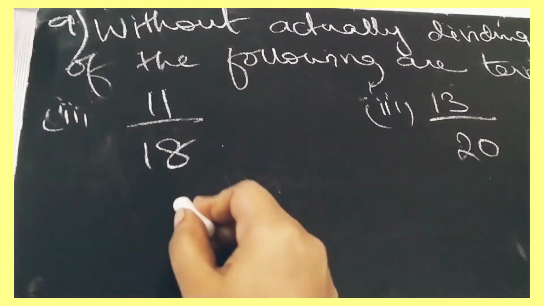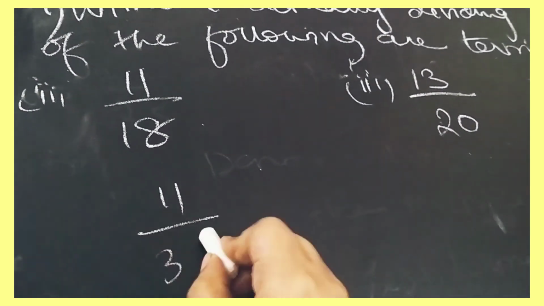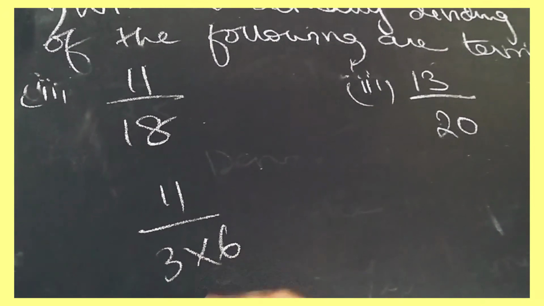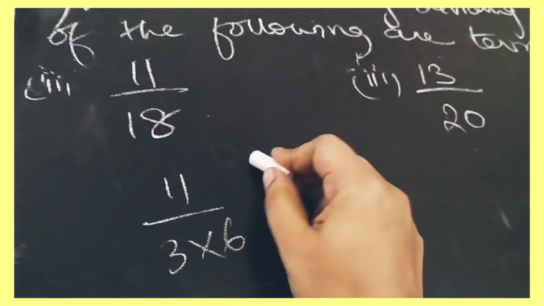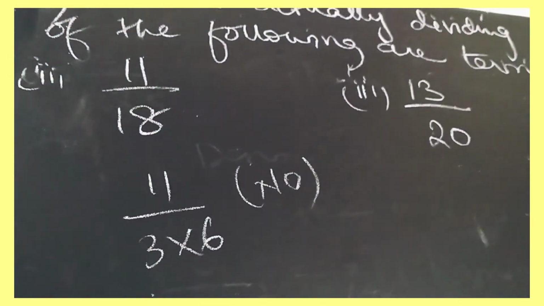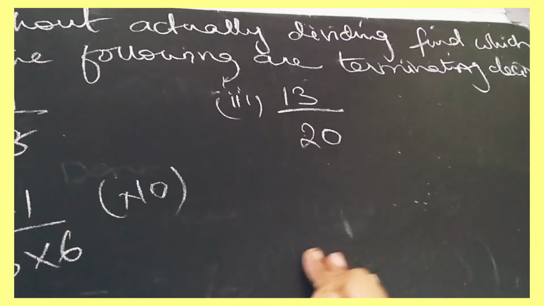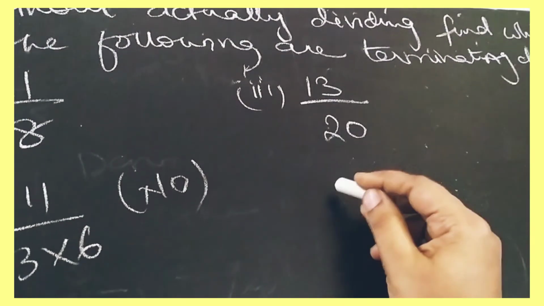Second sum is 11 by 18. We can write this as 11 by 3 6s are 18. It is not a multiple of 5, so the answer is no, it is not a terminating fraction. Here 13 by 20 is there.